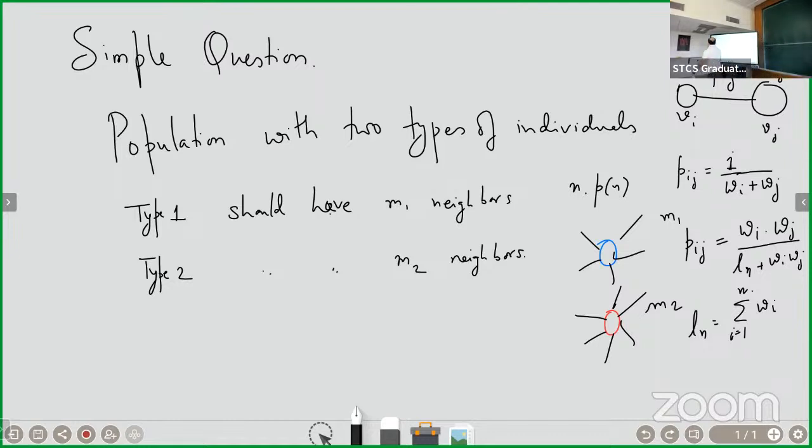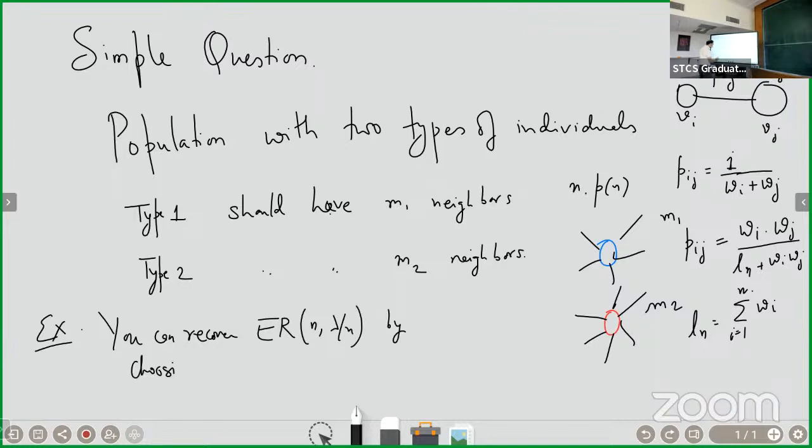Now, as an exercise, if you want, you can recover G(n, lambda/n) by choosing weights appropriately, and end up getting exactly p_ij equal to lambda/n. It's not a very complicated exercise.